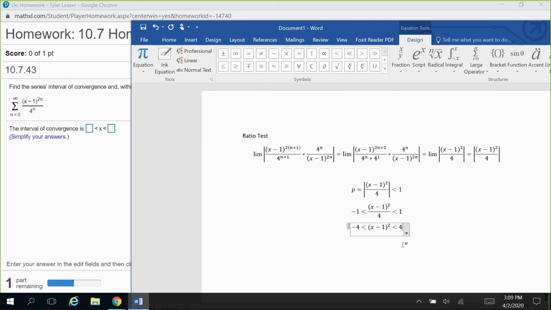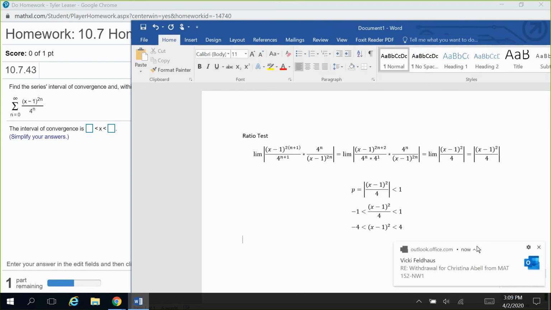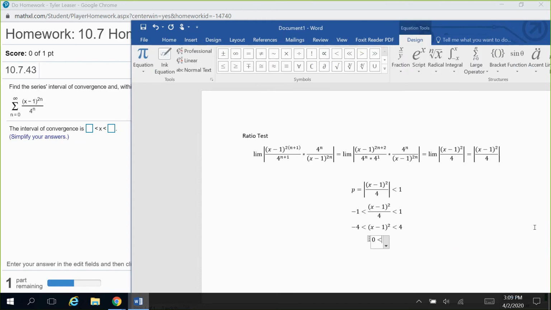So you're taking the square root of that, and you're going to get 0 is less than x minus 1 is less than 2. I know that's kind of a weird part with these inequalities, but inequalities can get kind of strange, especially when you're doing things like square roots, and with absolute values, that squeezes things a little bit strange too.